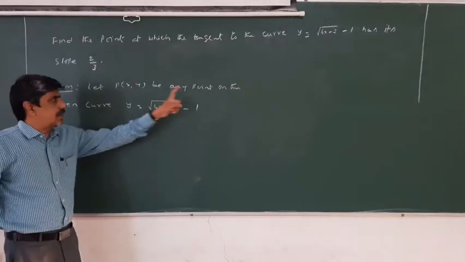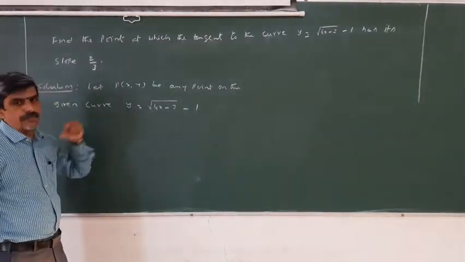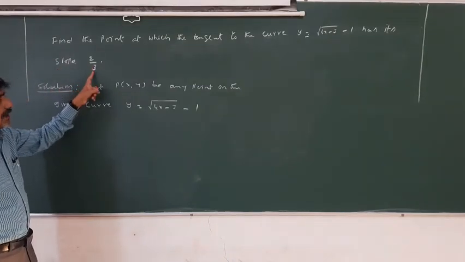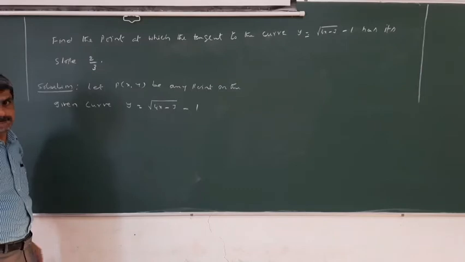Then dy by dx is called the slope of the curve. So the given slope of the curve is 2 by 3.